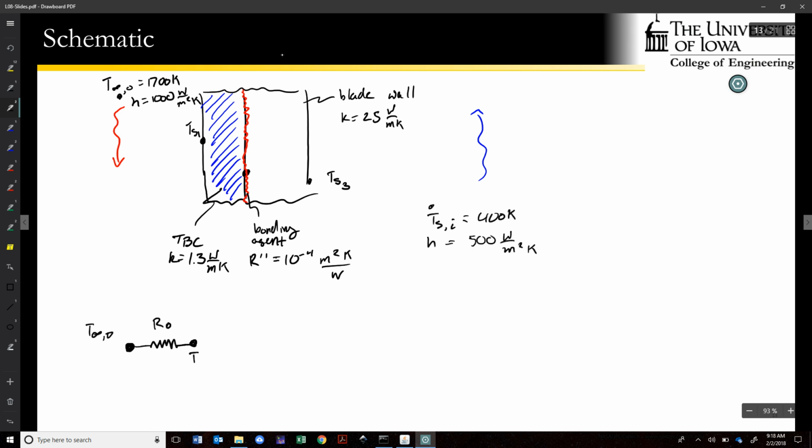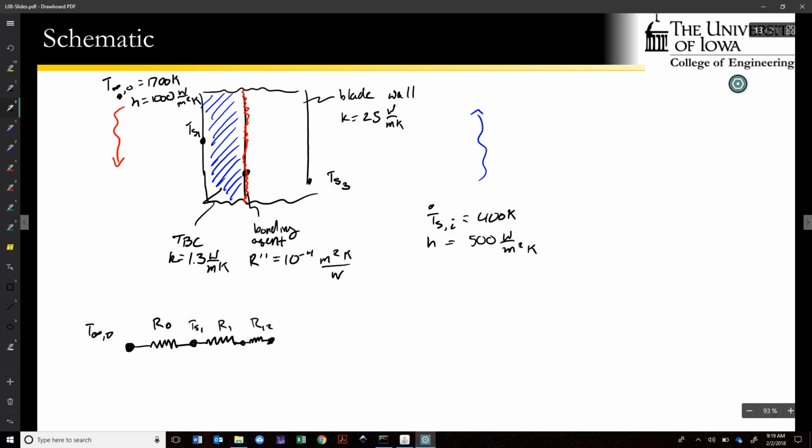Then our next node is at surface temperature 1. Then we're going to have this conductive resistance inside of that ceramic coating, the TBC. Then we're going to have, we'll call this R12.